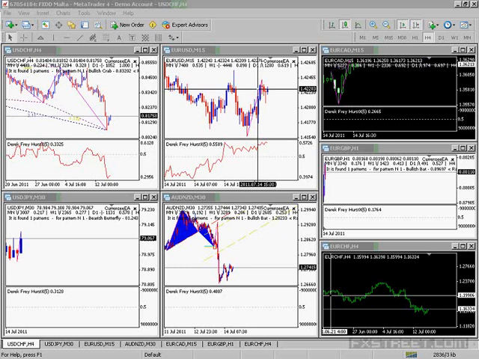All right, so yes, I use the Hurst to forecast the likelihood of persistence or anti-persistence. Again, I don't use it to forecast direction.